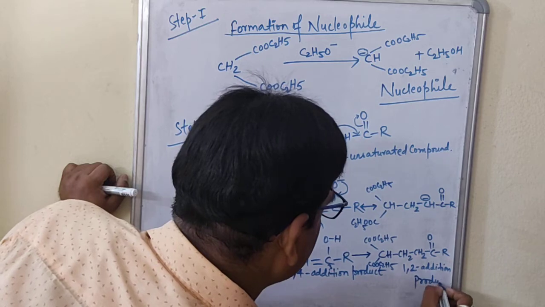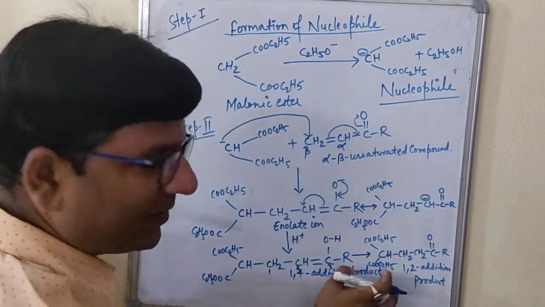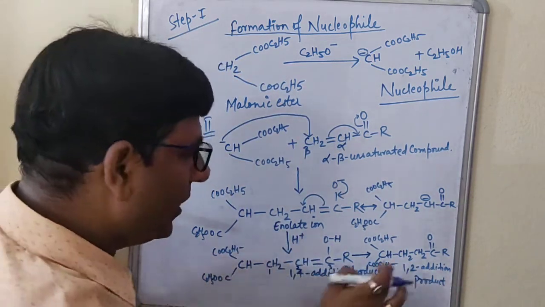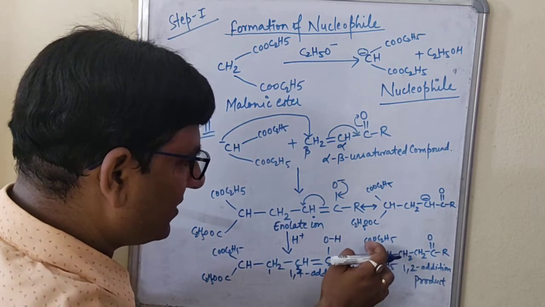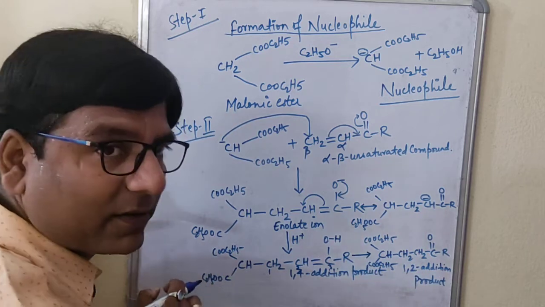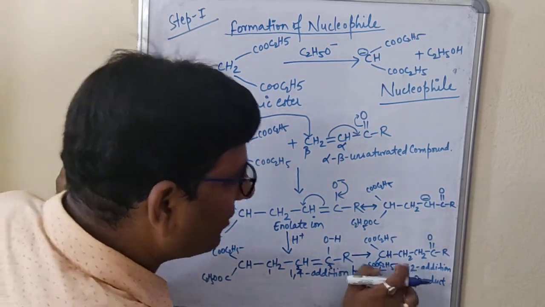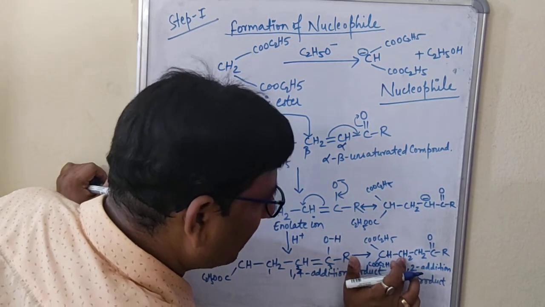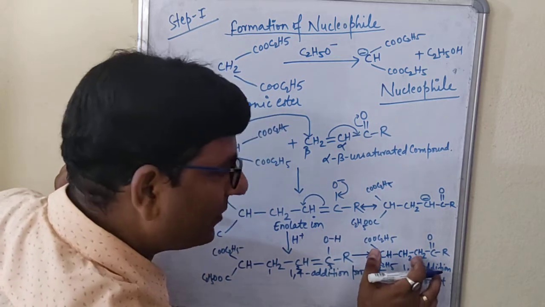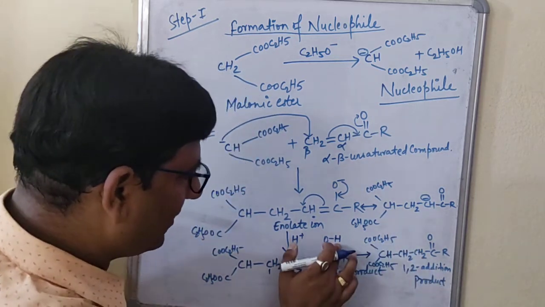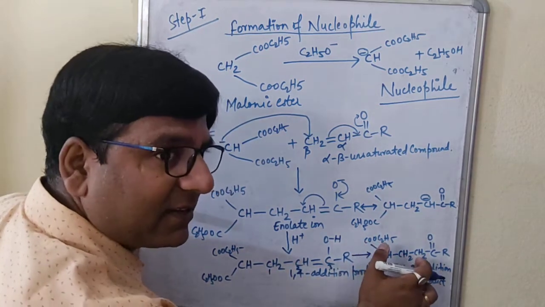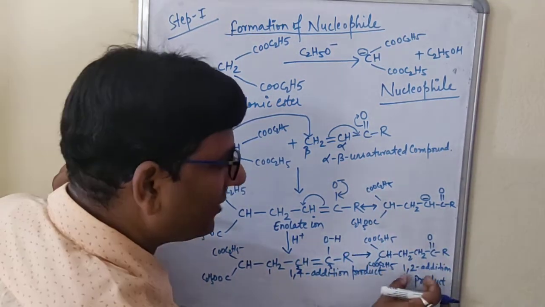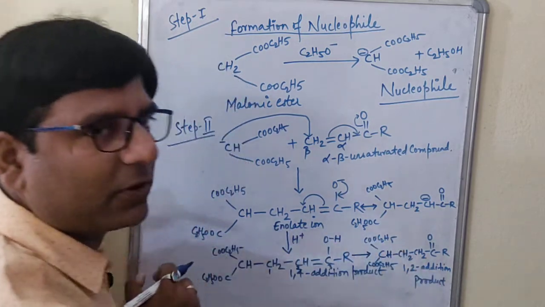Why do we say 1,2? To this first carbon, this group is already there, CH and COOC2H5, COOC2H5. On the second carbon, hydrogen came. This second carbon contains this hydrogen, so it is said to be the 1,2 addition product.